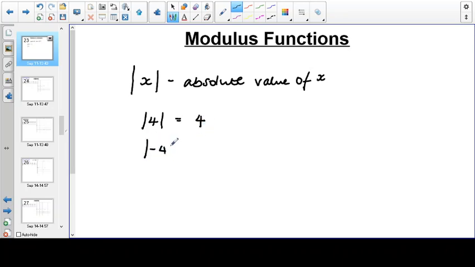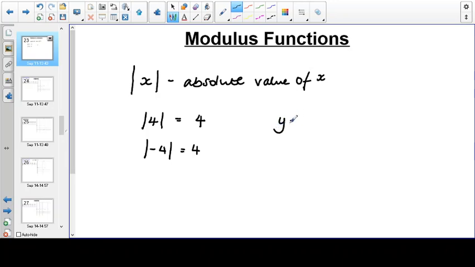Modulus negative 4 also equals 4. So it's just the size of the number rather than the sign. Okay, so that's what the modulus is.